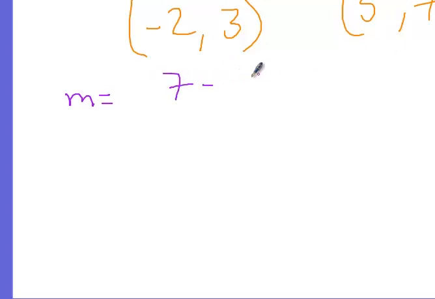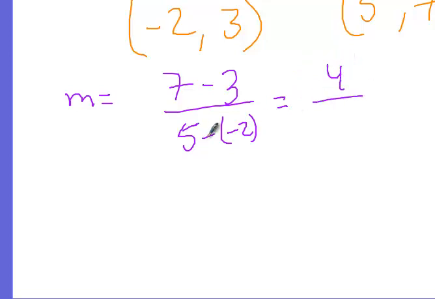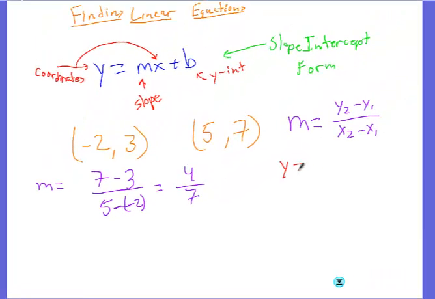For this one, it's 7 minus 3 over 5 minus -2, which simplifies to 4 over 7. So we know that our equation is y equals 4/7 x plus b.